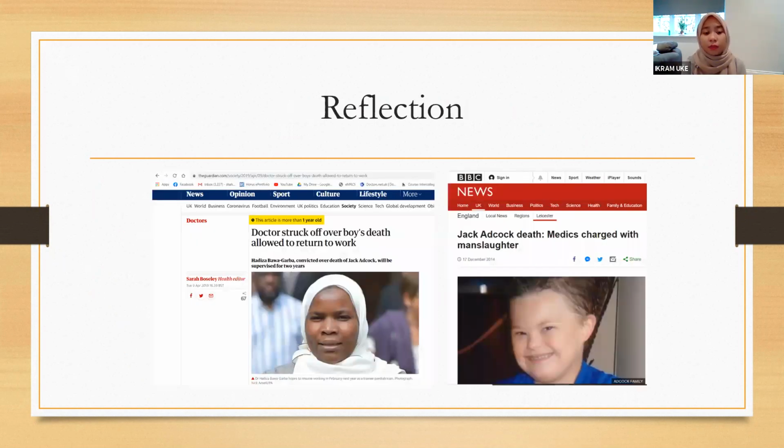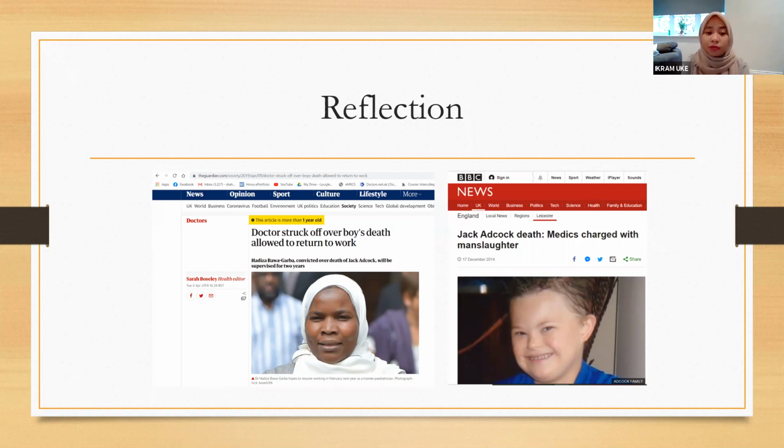I just want to spend a little bit more time on reflection, which is also a mandatory form in your ePortfolio. The way doctors reflect has changed because of the Bawa-Garba case. If you have heard but are not very familiar with it, or you've never heard about this case at all, I would recommend you read into it.